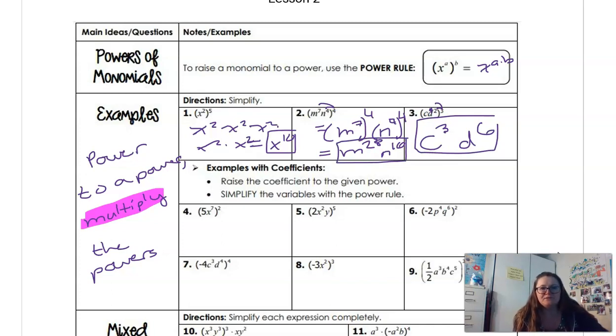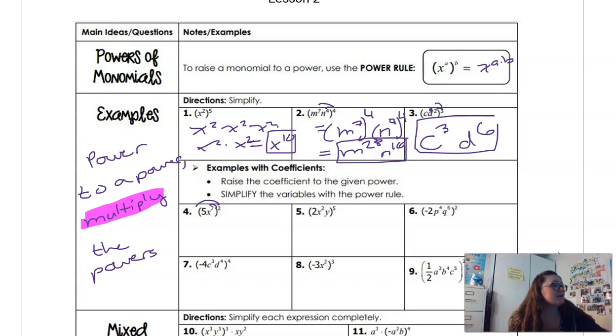Alright, so that's what we do if it's just variables. Now, sometimes you're going to have coefficients. That's numbers that are out in front of the variables, if you don't remember. So right here, now we've got 5x to the 7th, squared. So it's the same kind of thing. We have to do the second power to the 5, and we also have to do it to the x to the 7th.